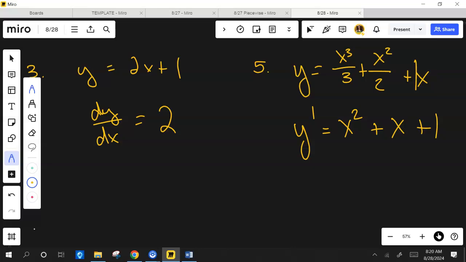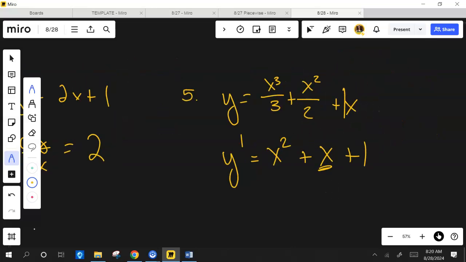Which one are you talking about? This one? Well, because this is 1/2 x squared, so if I multiply, I get 1, and if I subtract 1, I still have an exponent of 1. Your derivative always ends up 1 degree lower than what you started with.